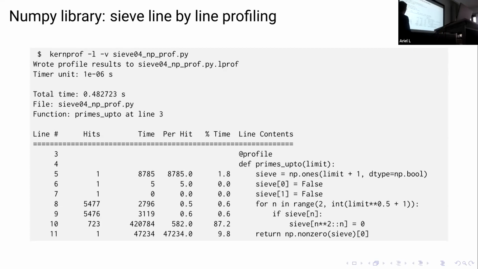But although now these statements are being hit by the Python virtual machine only 700 times, I'm still spending most of the time here. But it's time that I spend executing a binary library that I'm calling from here.